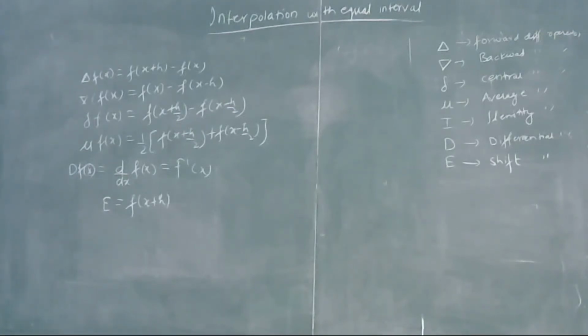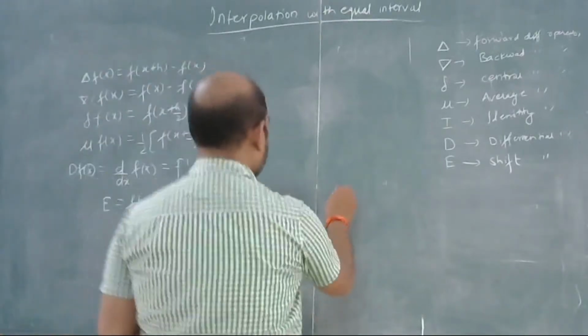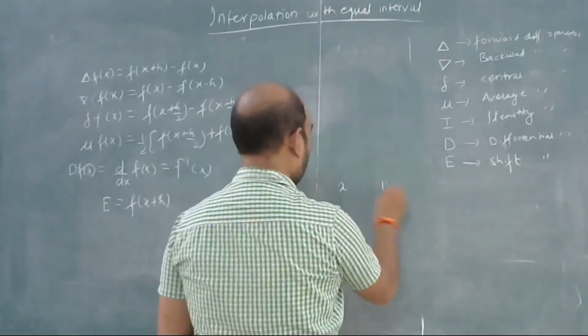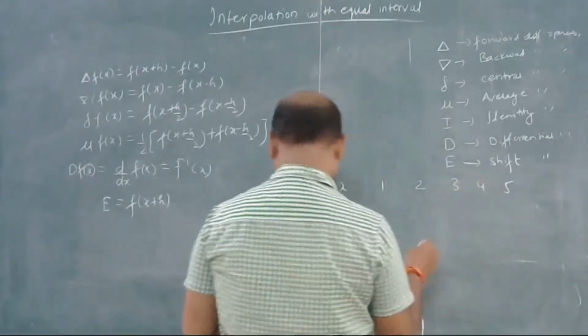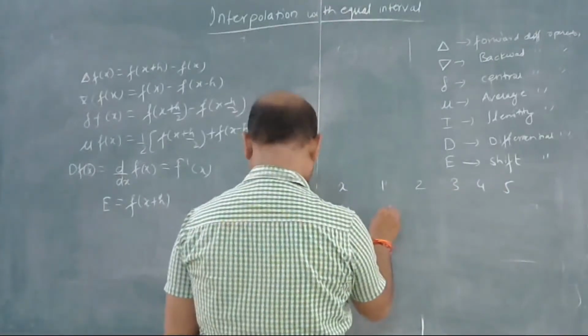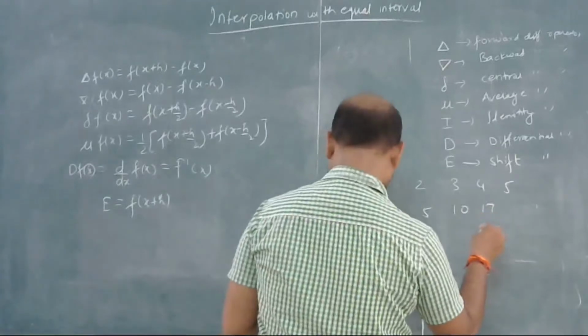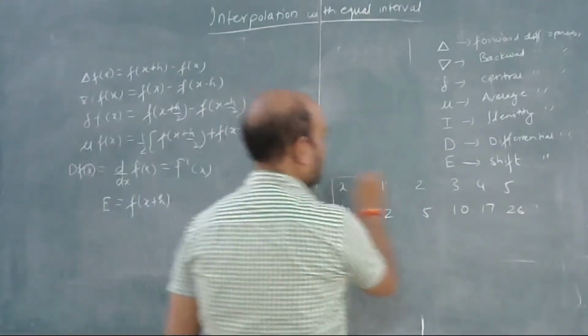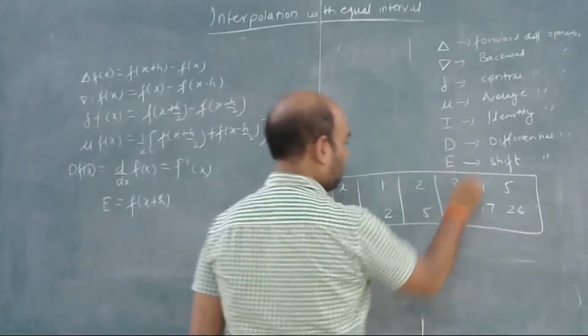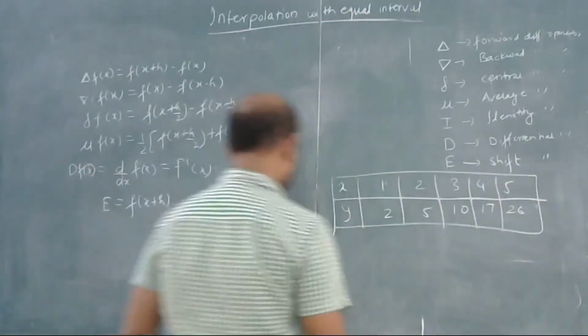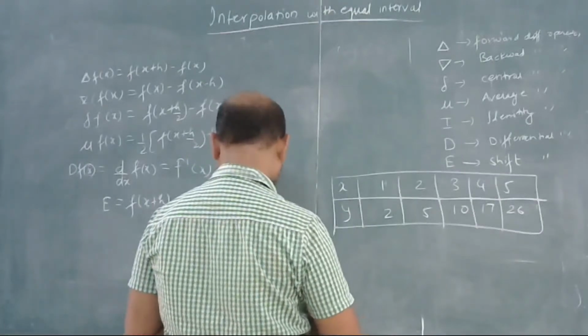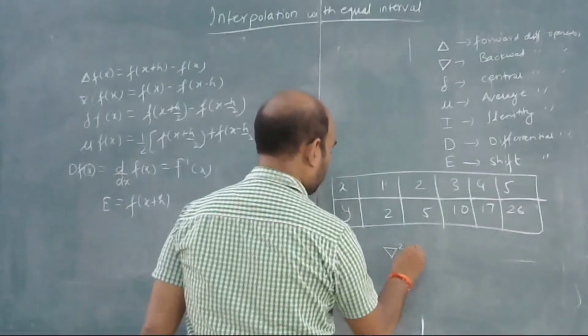So we will do one numerical. Okay. Given x is 1, 2, 3, 4, 5, and y is 2, 5, 10, 17, and 26. So this table is given. Okay, and you have to find del square y.